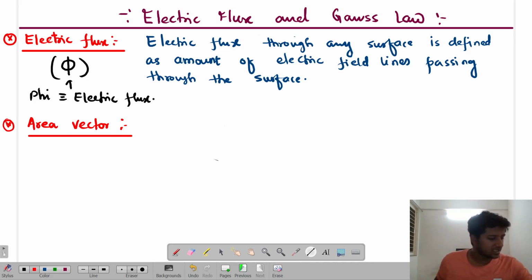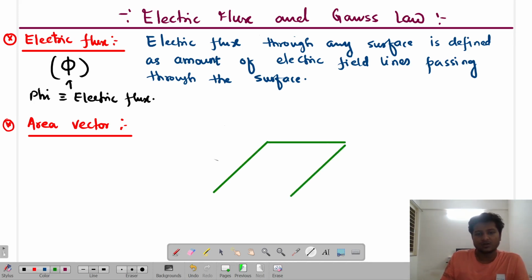Now the question arises, sir, what is the meaning of this? If we are talking about area vector, then why do we need to consider area vector? So first thing, let's suppose, look carefully, I have drawn this area. People think that since there are many points over here, it is a scalar quantity, isn't it?